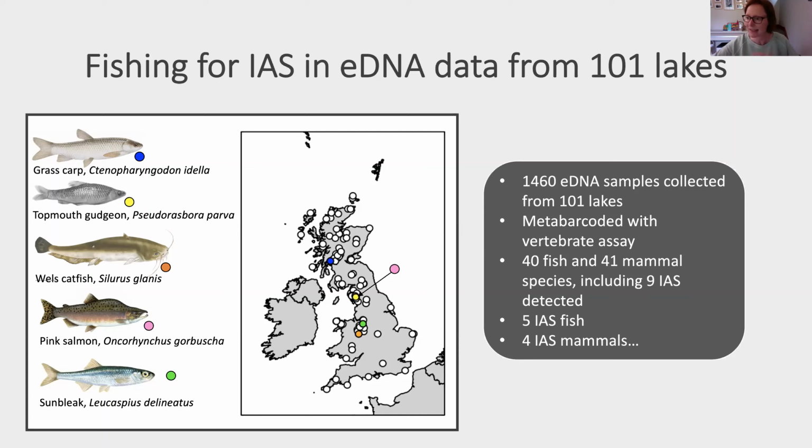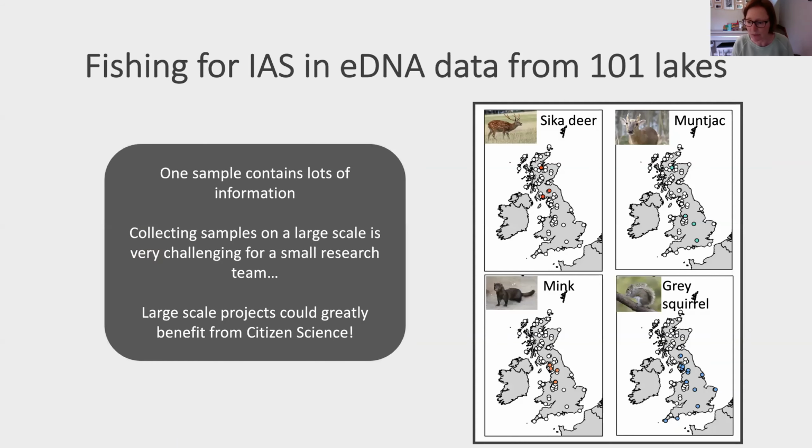So we can also say a lot about what's present in the local area. And we found 5 invasive fish and 4 invasive mammals, so they're shown here. So my point with this is that one sample of water contains a lot of information. It's not just one species that's in there, it can be a whole community, and not just aquatic animals, but also animals that are living in the landscape.